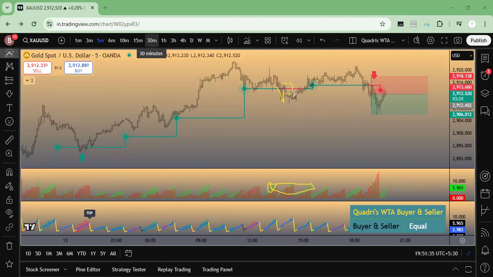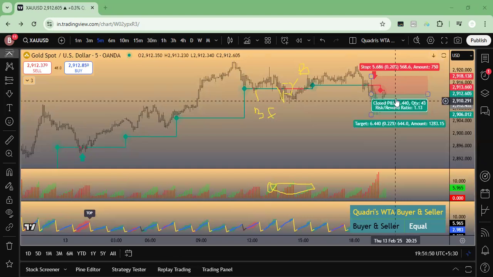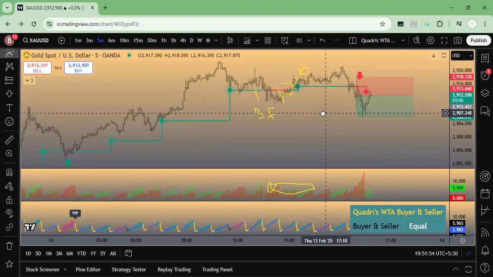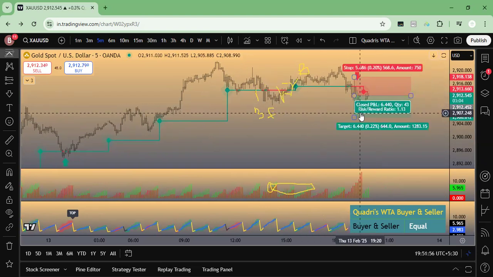And as soon as it moves downwards, this one is also a break even trade. This one is also a break even trade. So I haven't traded these two, but this one, if I would have trailed and done the manual trading based on my criteria, would have been a profitable trade.